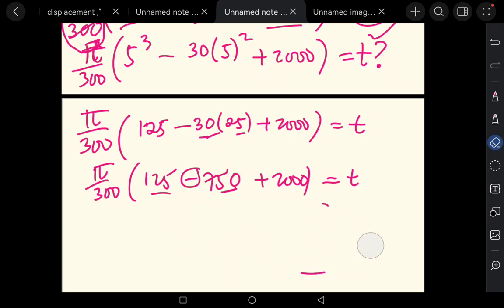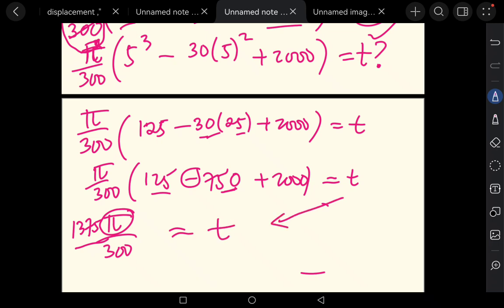Okay, so you got the answer pi over 300 times 1375. In terms of pi, that's the t. 1375 pi over 300, in terms of pi, that's the time.